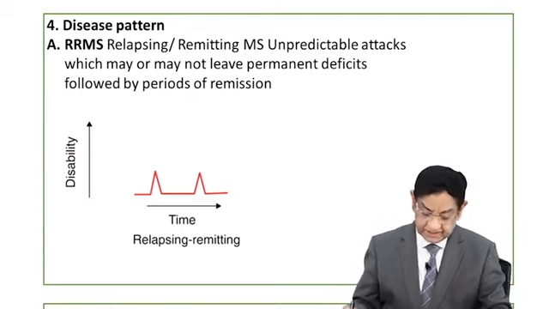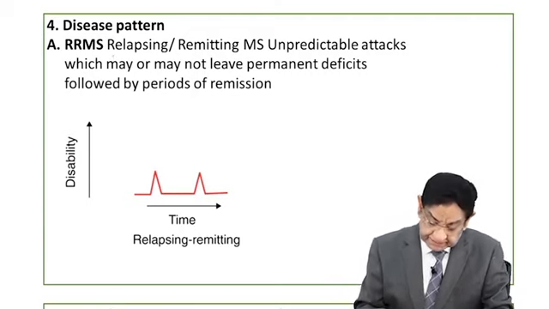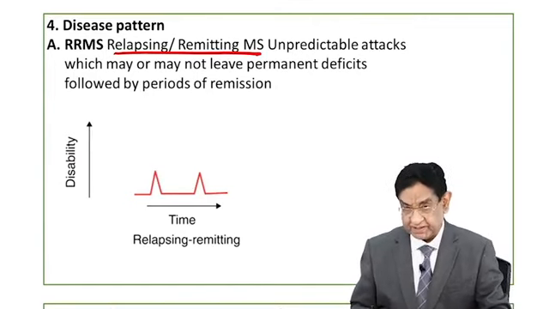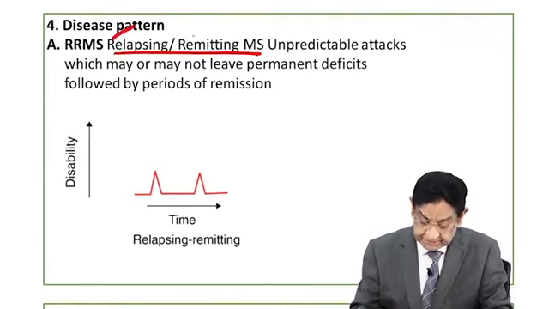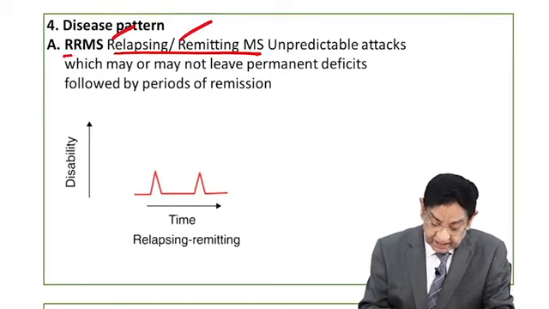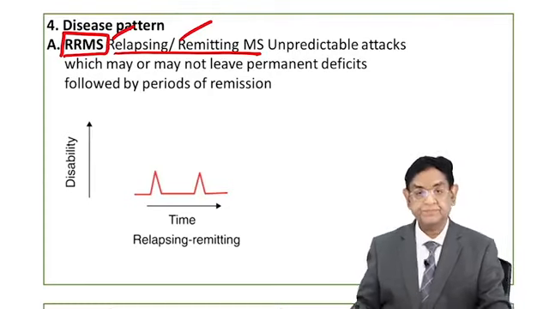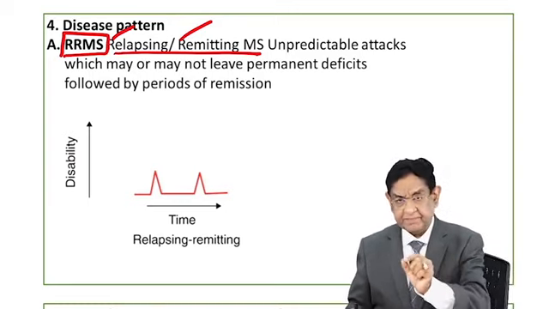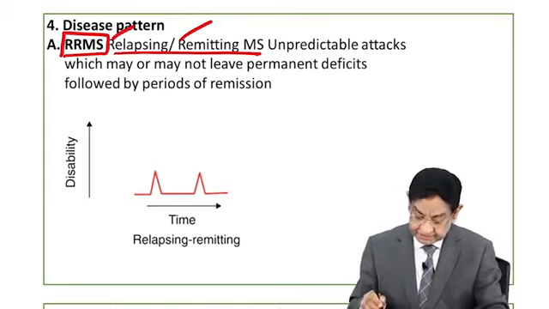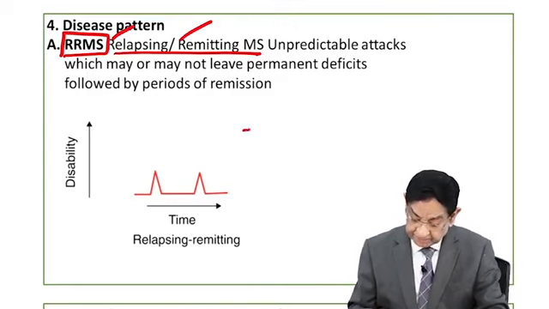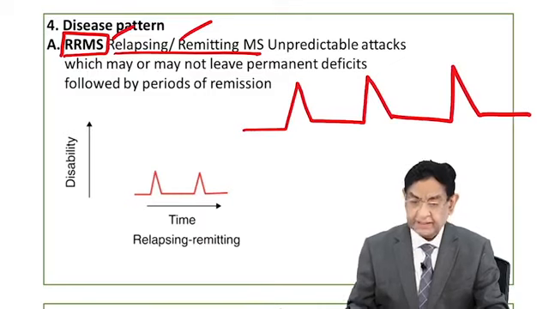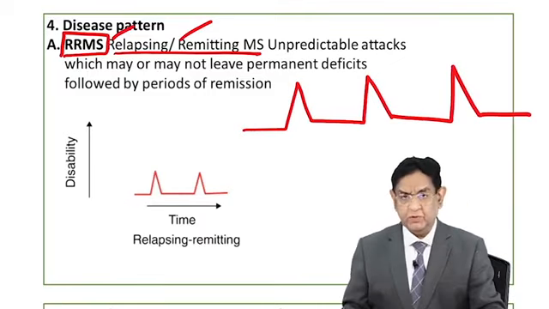Let's learn. One is known as relapsing remitting MS. MS is multiple sclerosis. Relapse remitting, so we write it as RRMS. Relapse remitting multiple sclerosis. This means the patient has a problem, it occurs and goes, occurs and goes.